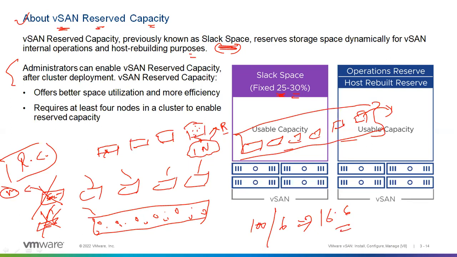So automatically this slack space will now be 16.6%. If I increase it further, this value will be divided by 7 and it will be reduced.